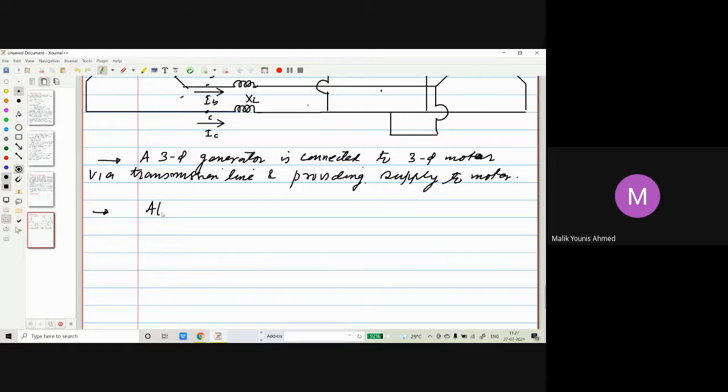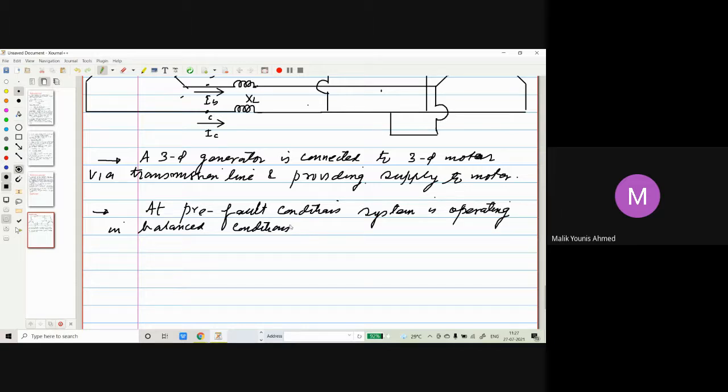The system is operating in balanced conditions.